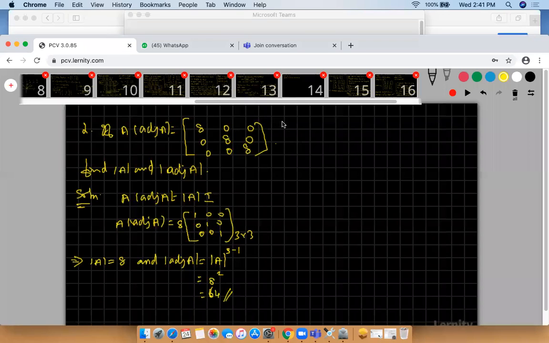Okay, the next theorem, that means result number 4 or theorem 4. A square matrix A is invertible if and only if A is a non-singular matrix.